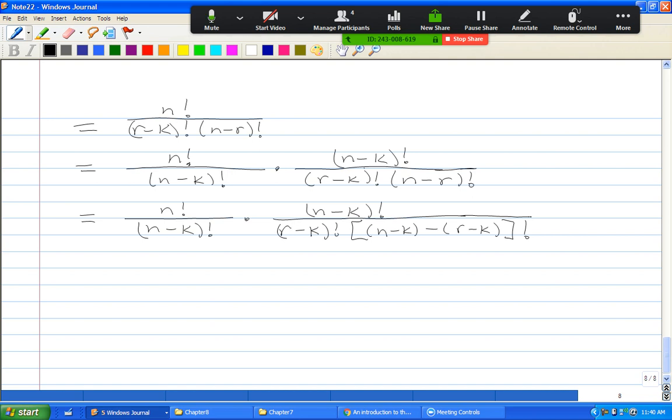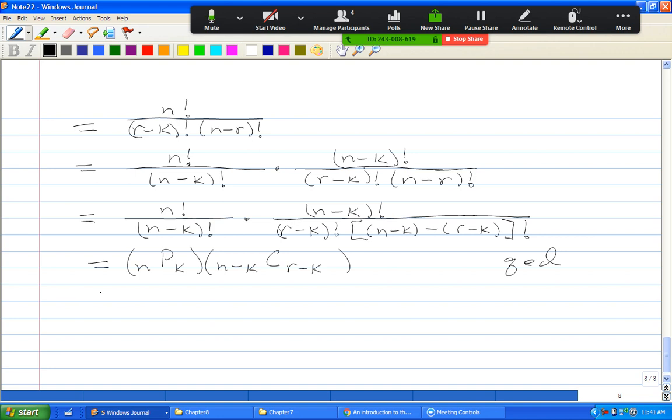Now this is equal to NPK, and this is equal to N minus K C R minus K. And that's what you wanted to show.